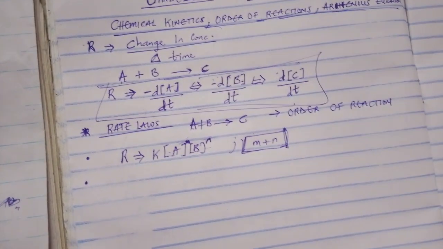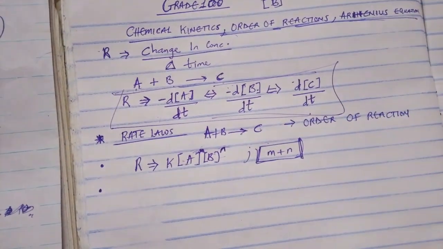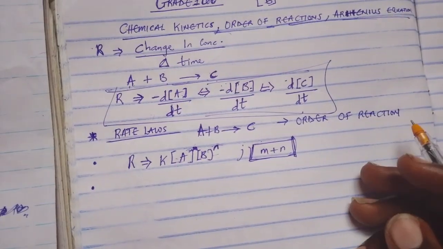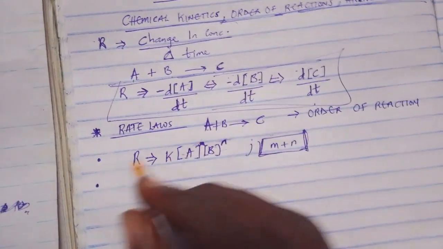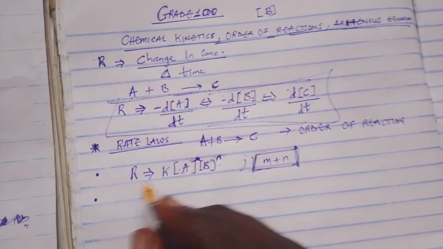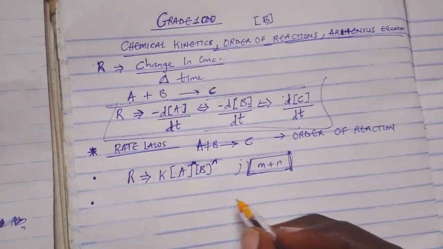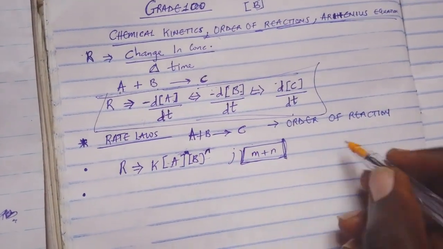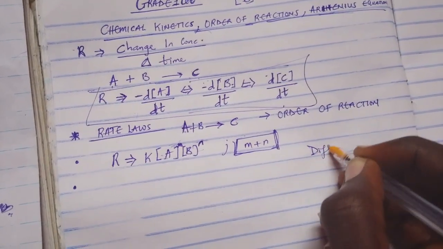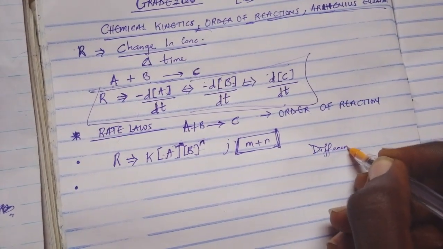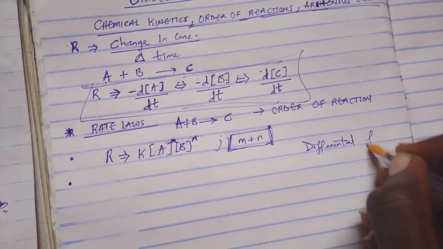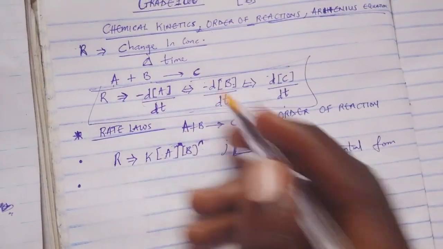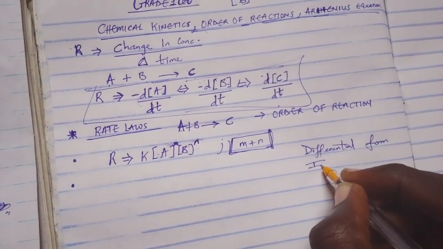Now for the zero order, first order and second order, I'm just going to be giving us brief and important formulas. We have two kinds of formula there. We have the differential form, like in form of this, and we have the integrated form.